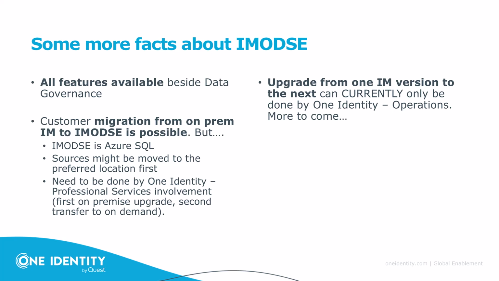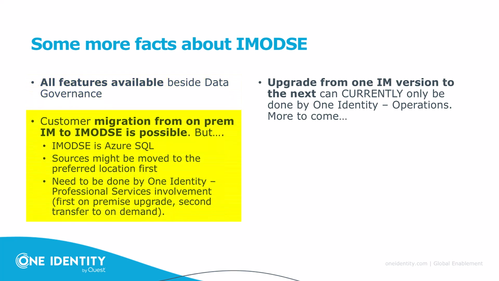A few more facts about Identity Manager on demand. First of all, features that are available in the on-prem version are available, except data governance. That module is not included currently.